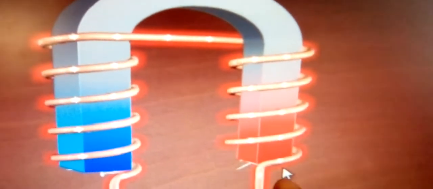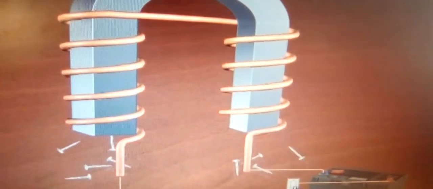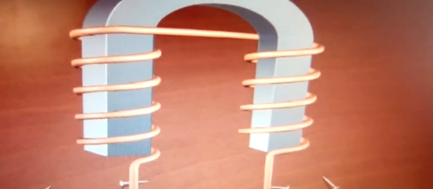You can use the same principle where current flows in anti-clockwise direction, that end becomes the north pole, and where it is flowing in clockwise direction, it becomes the south pole, and you find that it is going to attract the iron filings. If I switch off, it ceases to be a magnet because this is a soft iron core.